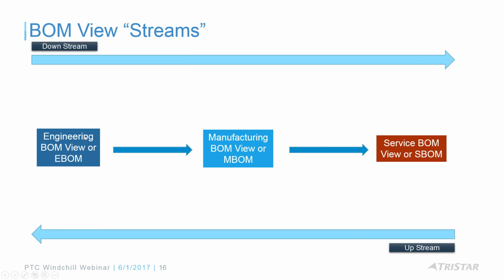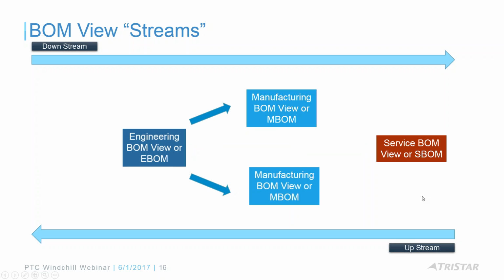So if there's a change and it propagates downstream, it just means it goes from engineering down to manufacturing and down to service. There may be propagation the other way. Service may change something, manufacturing may change something, and that information needs to get back to engineering or the design BOM. So Windchill has these concepts of upstream and downstream.